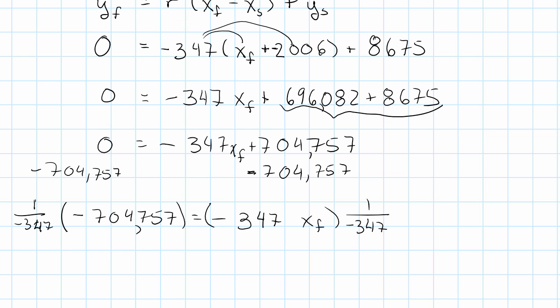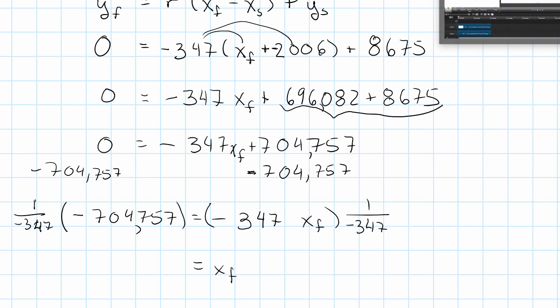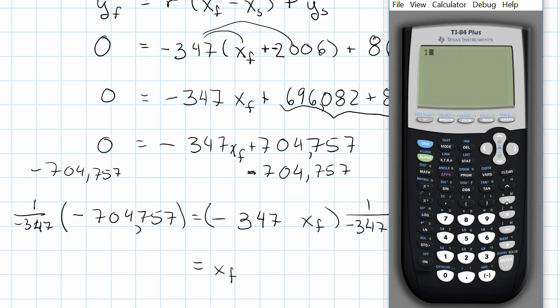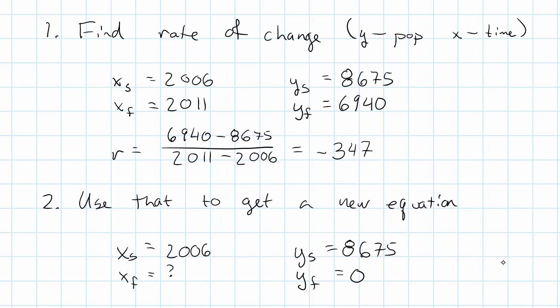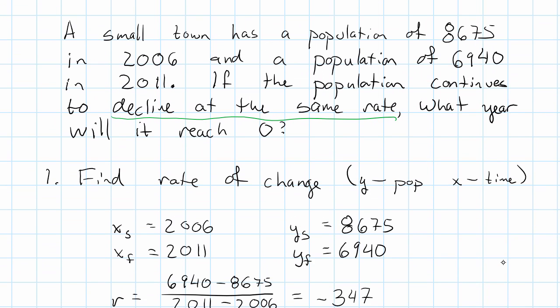We'll multiply both sides by 1 over negative 347, and we get XF is 1 over negative 347 times negative 704,757, 2031. Okay, what were we doing again? What year will the population reach 0? The year 2031.